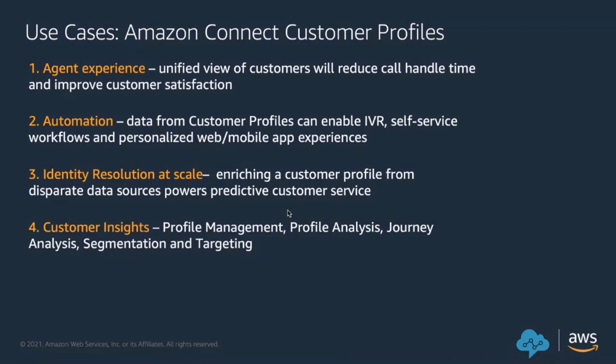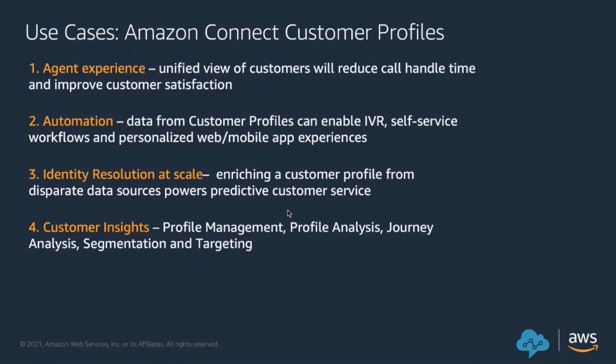Second, a lot of our customers are using us for automation, which means that a call comes in, you detect who is calling, that customer is routed to a specialist agent to attend to their needs, or the customer goes through an IVR or a self-service workflow to complete the work on their own, and they don't need to be connected to an agent.